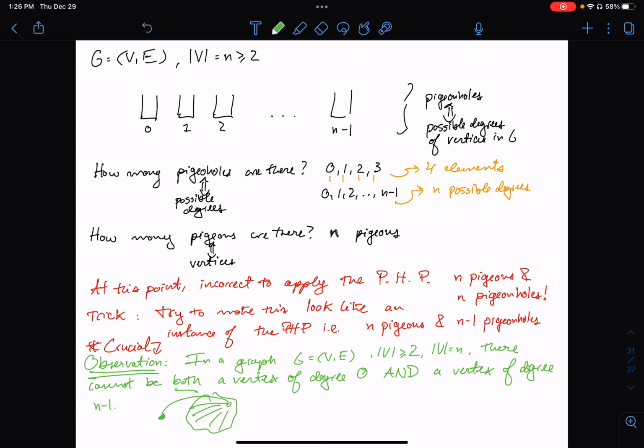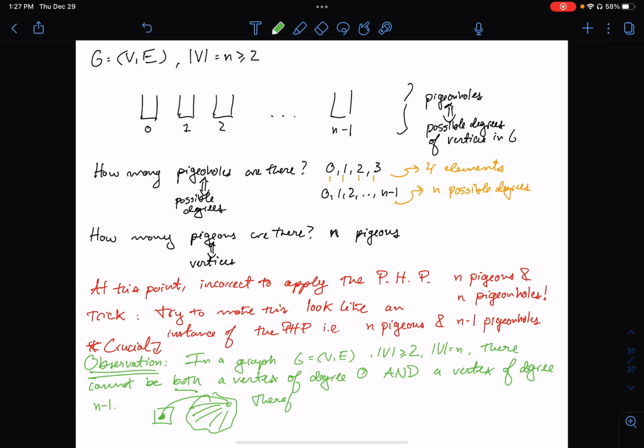And so similarly, it's a very symmetric argument, right? I cannot have a vertex of degree 0 if I have a vertex of degree n minus 1, because that would mean that the vertex of degree n minus 1 is connected to all the other vertices. And so the vertex of degree 0 cannot have degree 0. Okay?